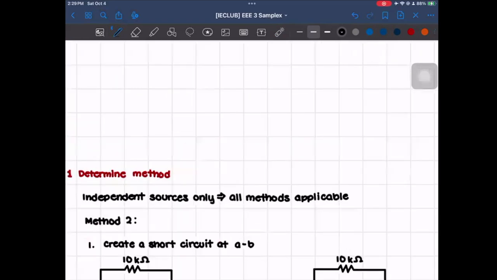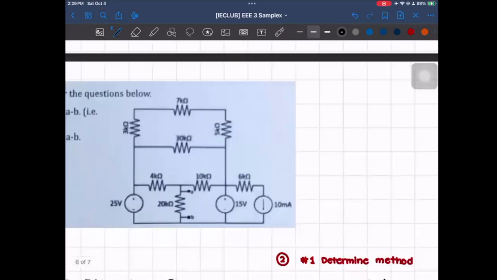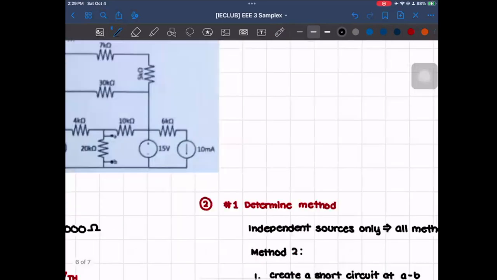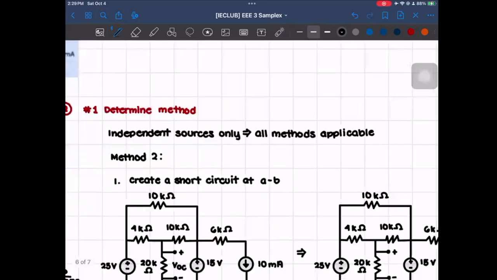So given our circuit here, there is no dependent source naman, and it's all just independent sources. So actually, all methods are applicable, but for me, what I did for this is to do method 2. So for method 2, the first step is to create a short circuit at AB.